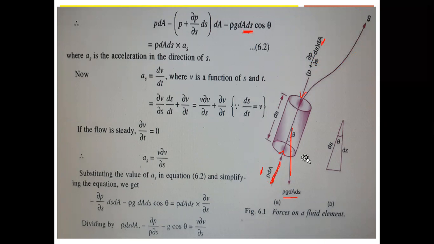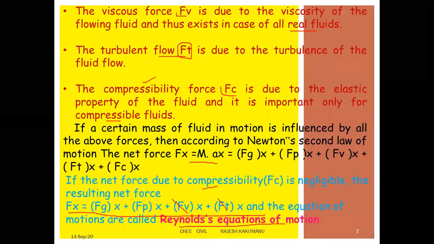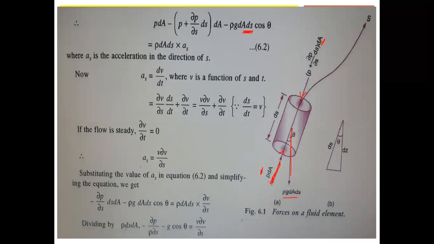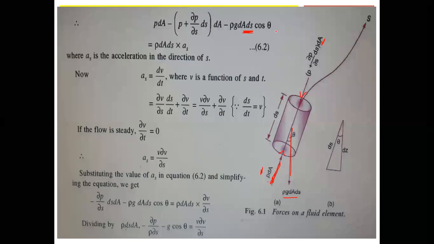Because we have theta as an angle, we make a triangle: this side is ds, this side is dz, and this angle is theta. Then cos theta is adjacent by hypotenuse, so the weight component is rho g dA into the length of the cylindrical part into cos theta.